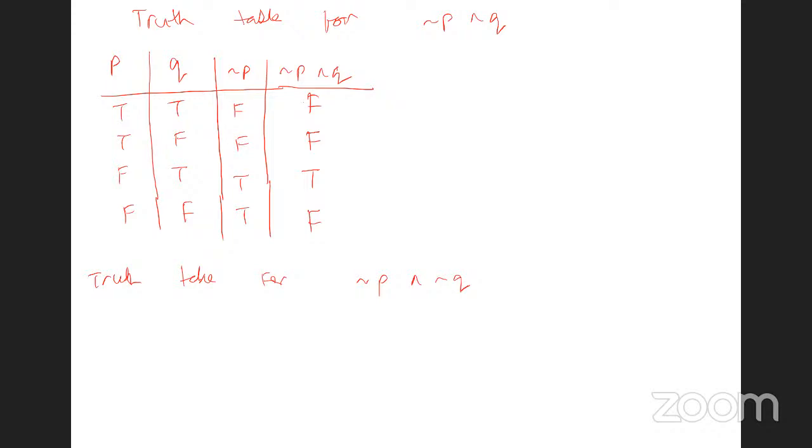So I'm kind of confused on how you're getting the not P and Q. What's that? So you're doing something similar. So you have P, Q. You have to find the negation of P, find the negation of Q, and then conjunction them together.